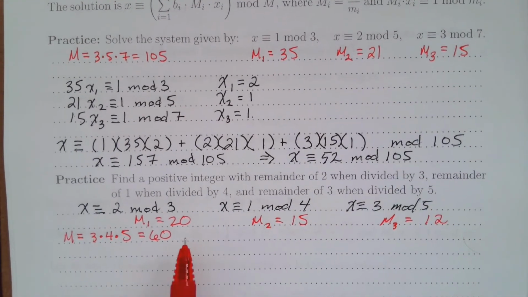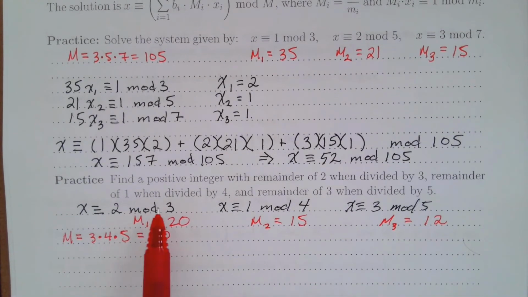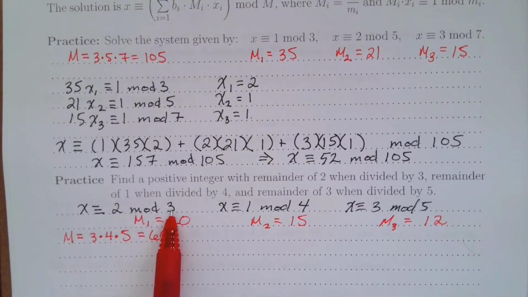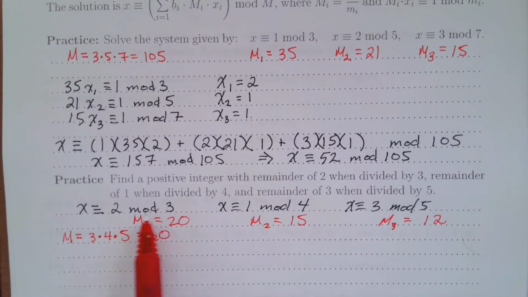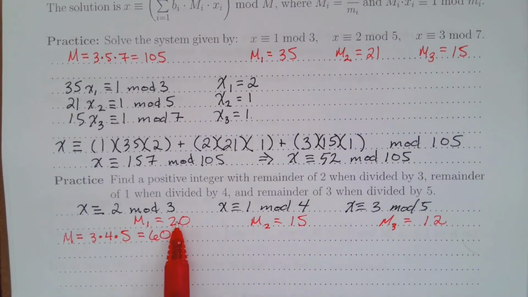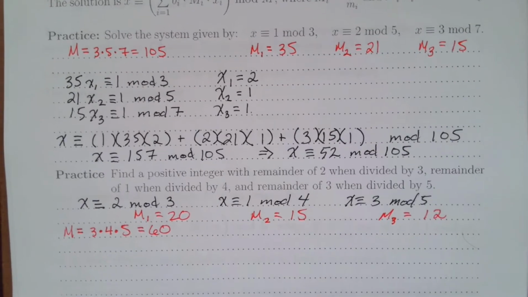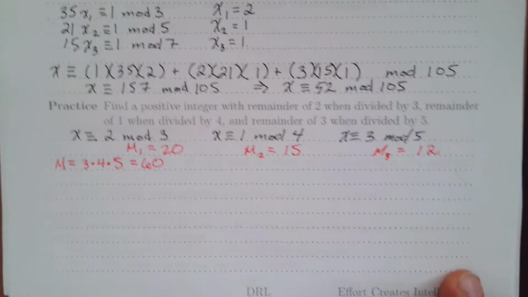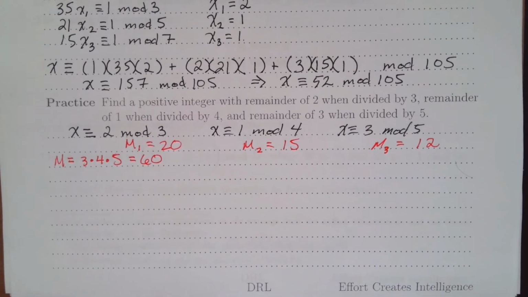And many times, to simplify the work, people will write this in ascending order of the moduli or in descending order of the moduli, so the 3, then the 4, then the 5, so that your m's are easier to calculate. Now, the next step in solving this is we need to find the multiplicative inverses for each of these.